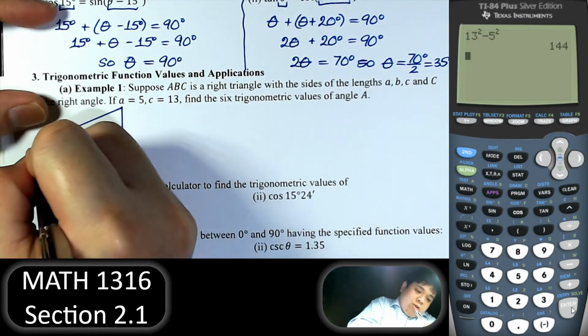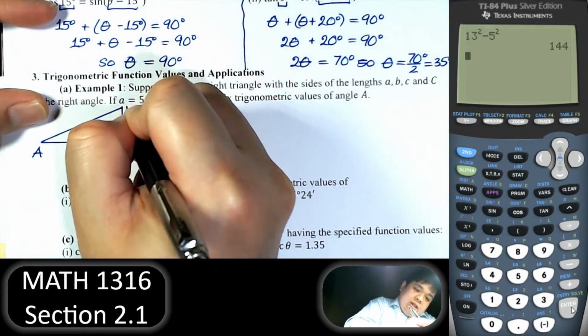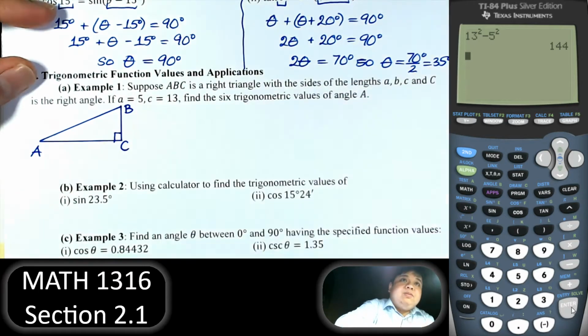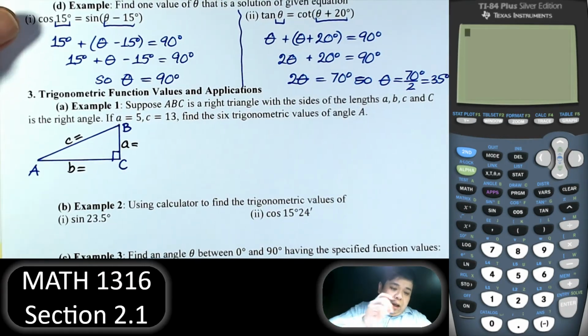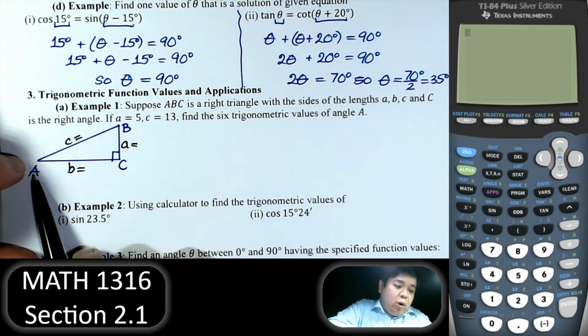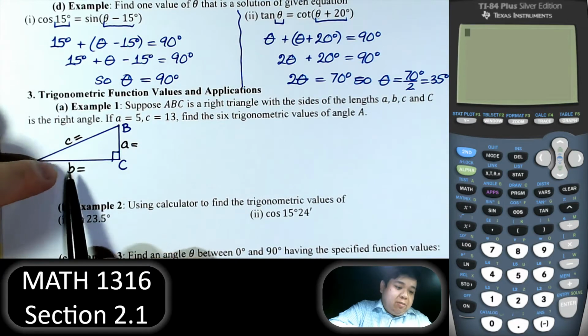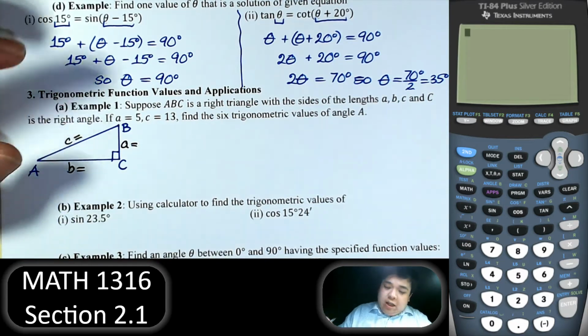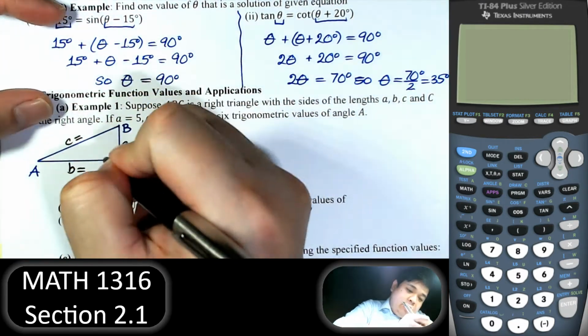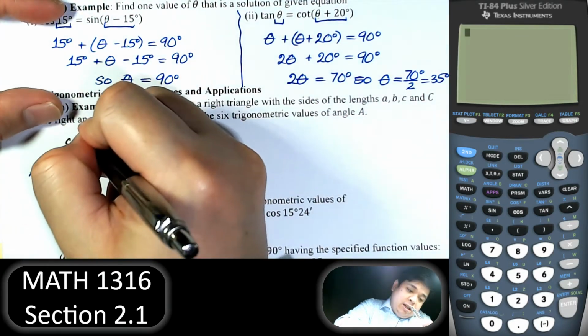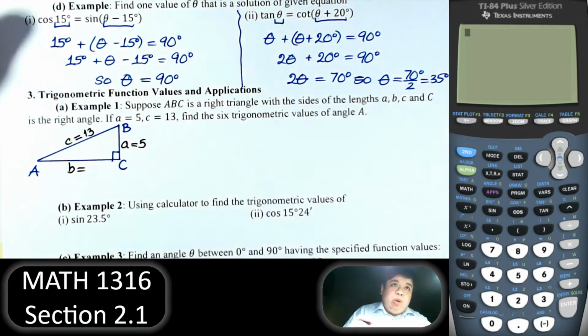With respect to angle A here, opposite to that is side a, and angle C is the right angle. Once again, opposite to angle A is side a, opposite to angle B is side b, opposite to angle C is side c. We have a is 5, c is 13. So first we will find b.